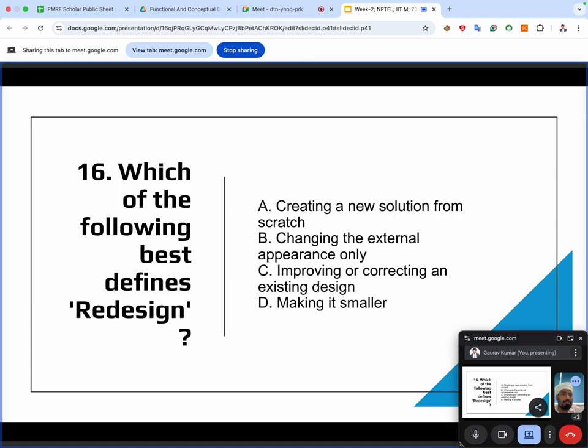So it's not about innovation, but about refinement or repair. So for example, a quieter washing machine or a safer child seat would be a result of redesigning, not an invention, right? So C is the right answer.